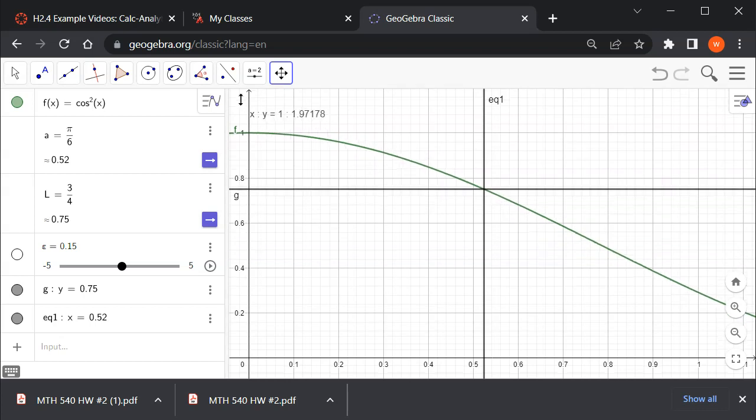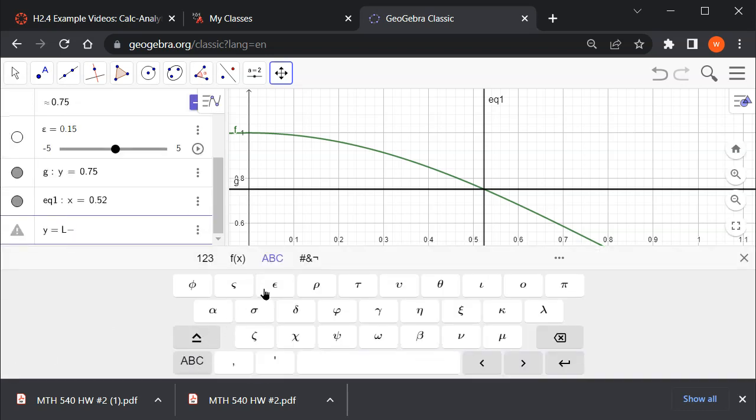So the epsilon value is 0.15. I'm going to draw a horizontal line, starting with L, then subtracting epsilon. I have to go here for epsilon, then hit enter.